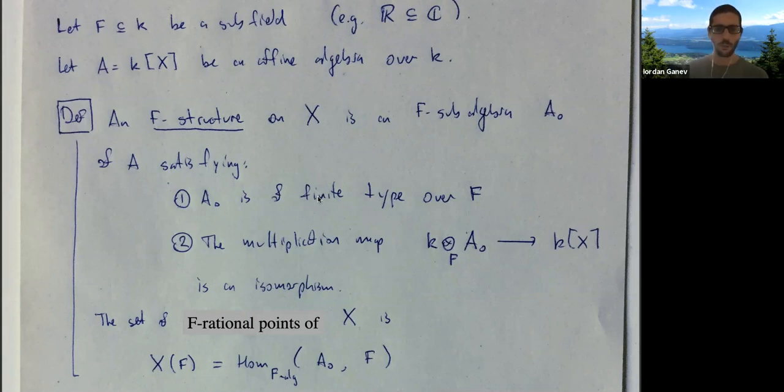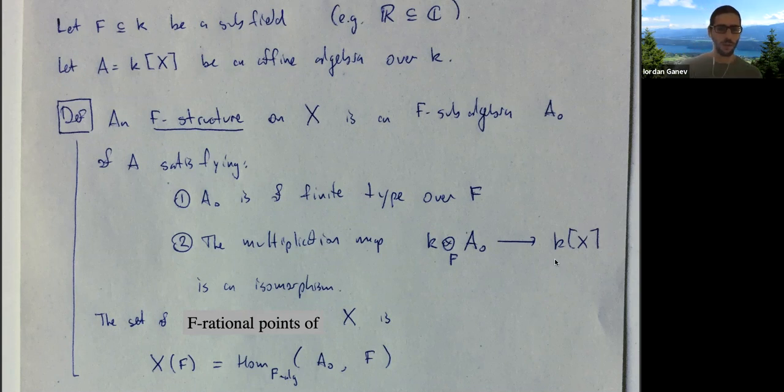And second, if we extend scalars with this tensor product from F to K, A0 only has the structure of an F algebra, nothing with K. But when we do this tensor product, we produce a K algebra, and it naturally embeds inside of the affine algebra A, K[X], because A0 was an F subalgebra of A. We require that this multiplication map, or if you want, you can think about it as extension of scalars, is an isomorphism.